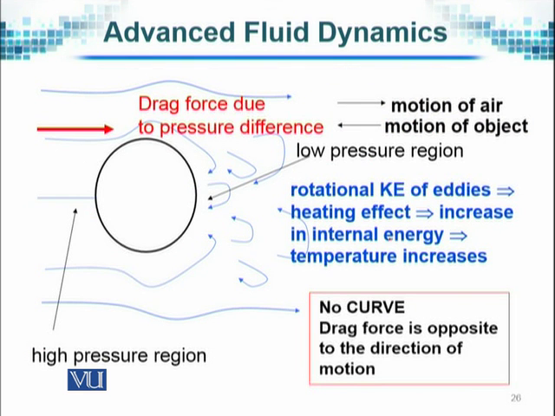So let's see that there is a ball, for example, and the motion of the air is taking place in the right hand side as is shown through this arrow, and the object is being thrown to the left hand side as is being shown and indicated here.